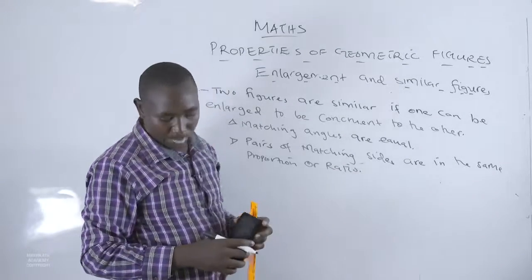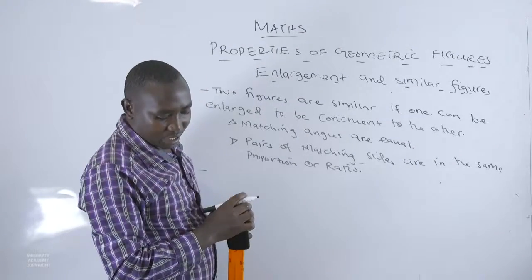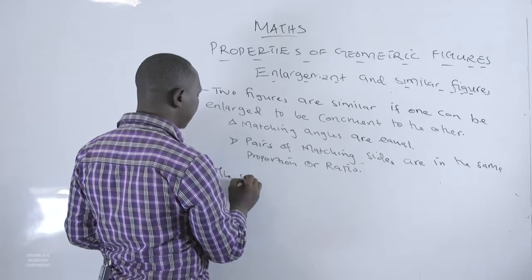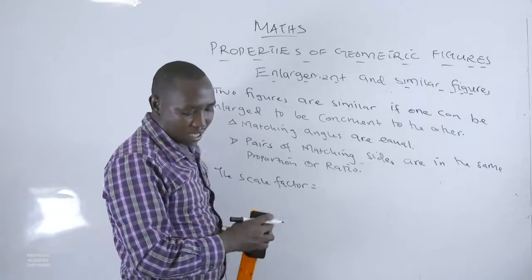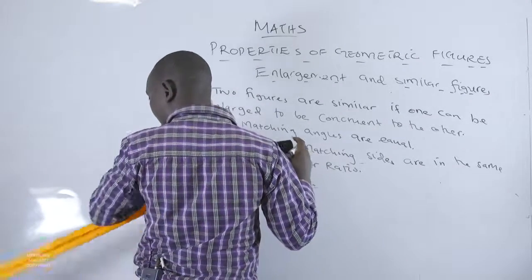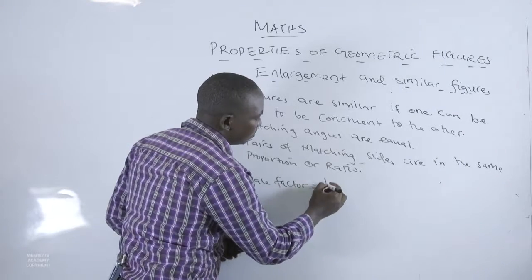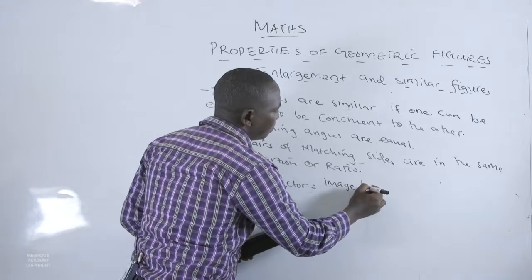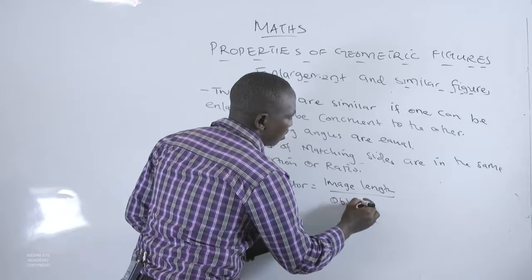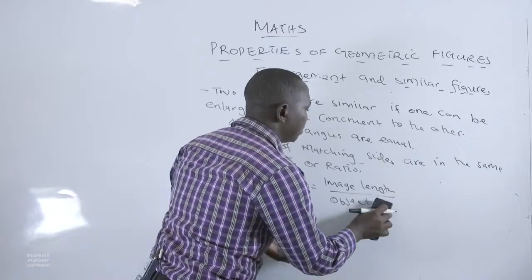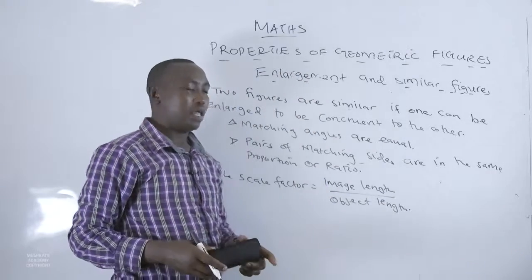So we had said that the enlargement scale factor will always be given by the length of the image over the length of the object.